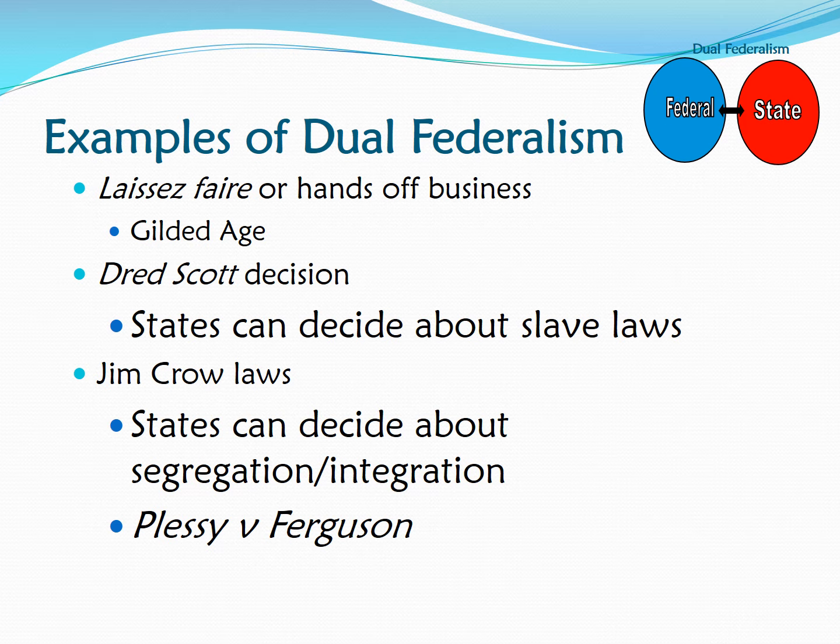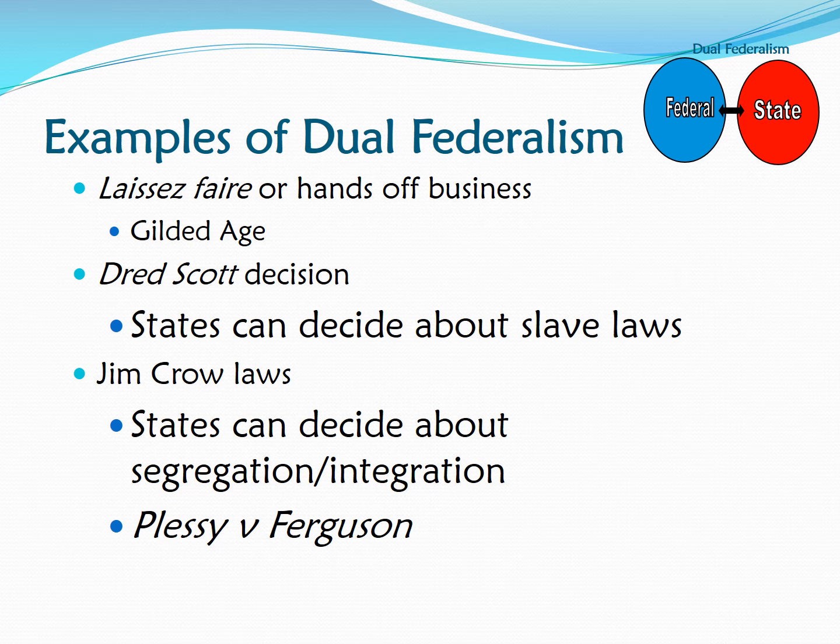Typically what happened was that even as businesses were expanding and becoming more interstate or national types of businesses, we saw reluctance, or perhaps the businesses were powerful enough to fend off the federal government from really overseeing their affairs. In other words, the federal government could have asserted itself more, but chose not to during this period of time.